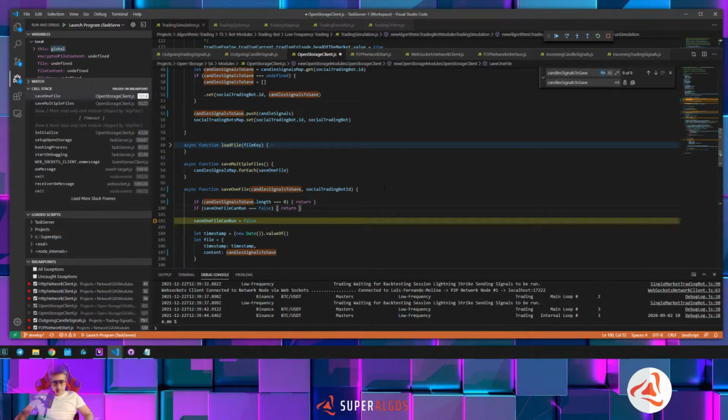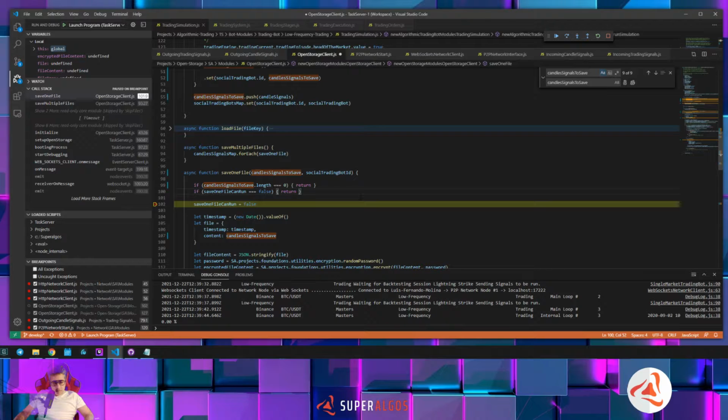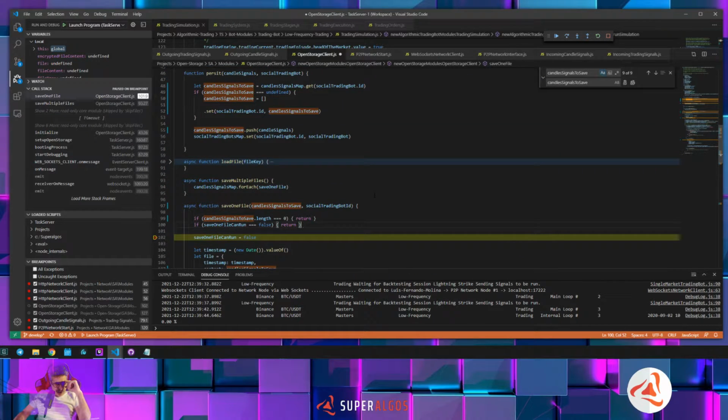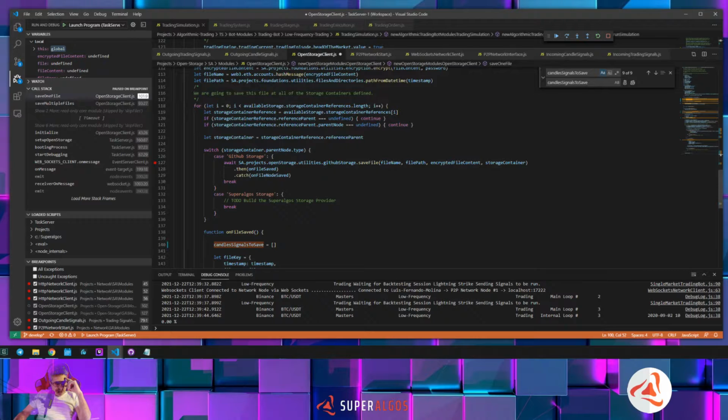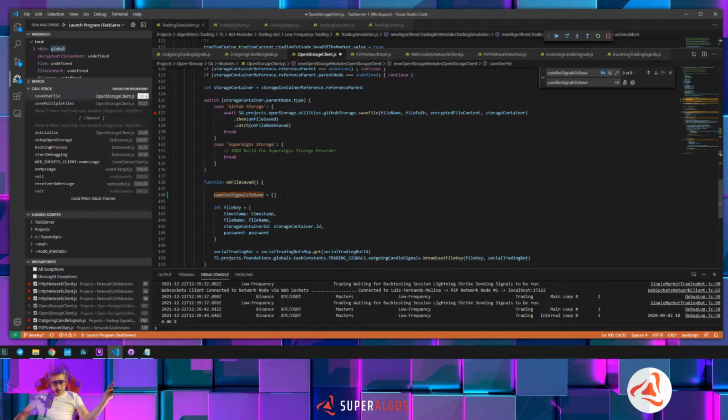So, but when the file is saved, okay, probably this is not deleting the array itself.